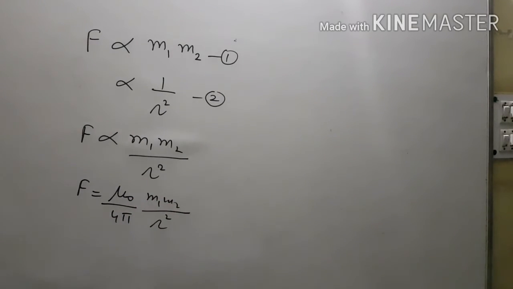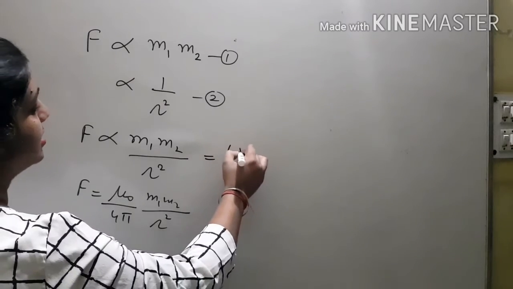This is the formula for the force in magnetism. The value of K in SI is mu naught by 4 pi, but in CGS it is 1.